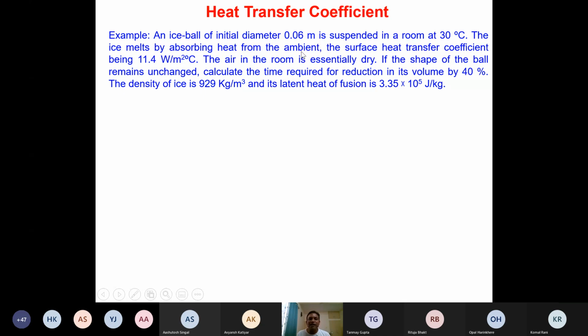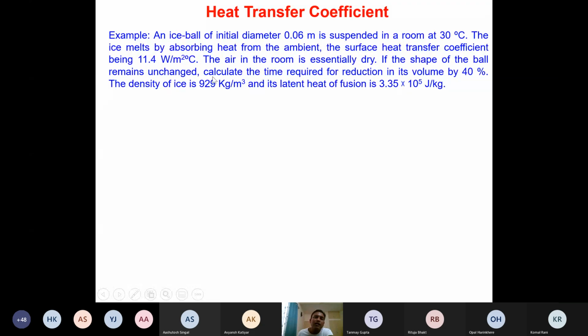The surface heat transfer coefficient being 11.4 watt per meter square degree Celsius. The air in the room is essentially dry. If the shape of the ball remains unchanged, that means it remains spherical throughout, calculate the time required for reduction in its volume by 40%.